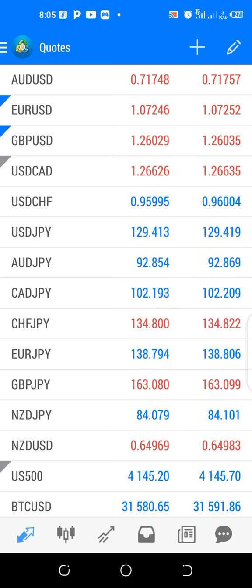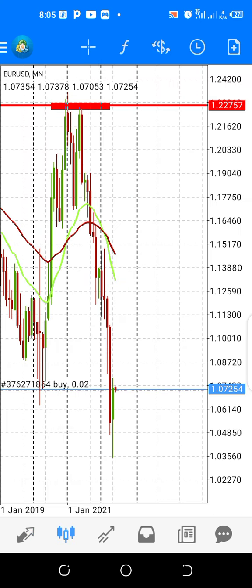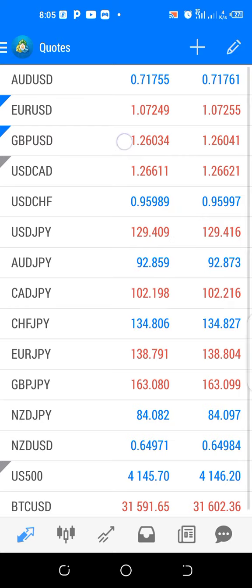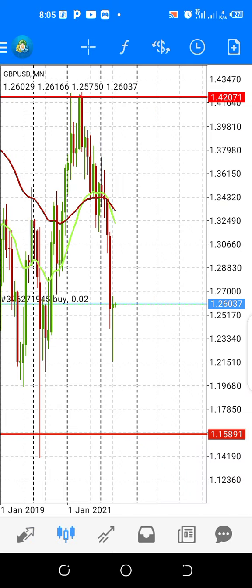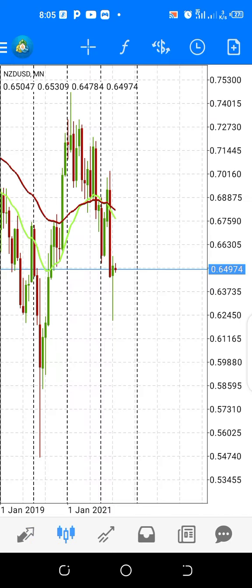So that is that. This is a breakdown of the monthly analysis I wanted to show you. The most promising trading instrument I've exposed to you guys is EUR USD, a very interesting buy trend setting up. GBP USD, a very nice one. What else?